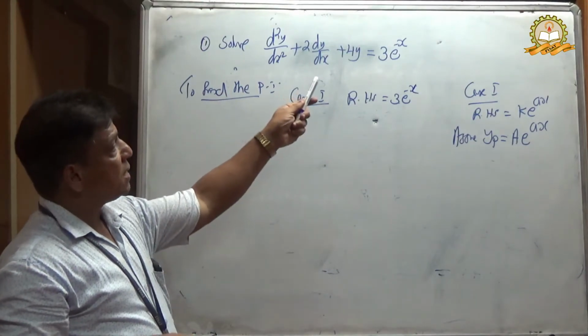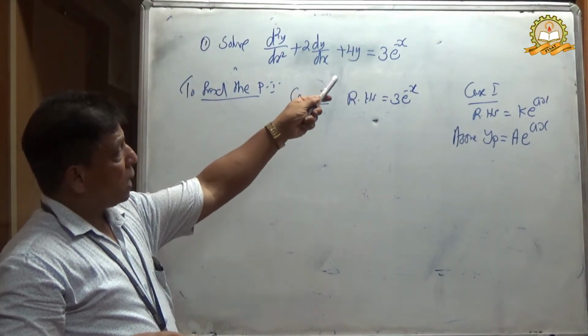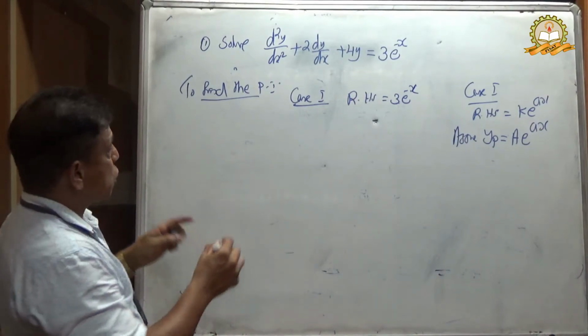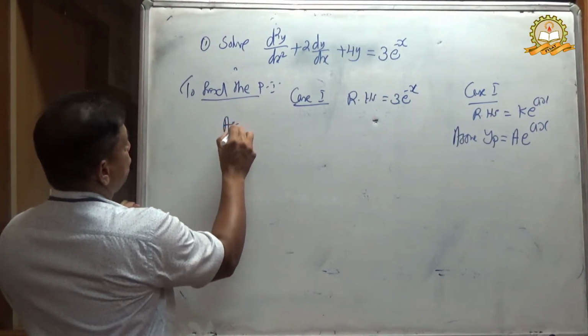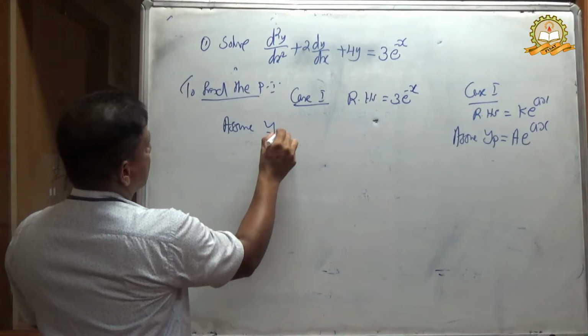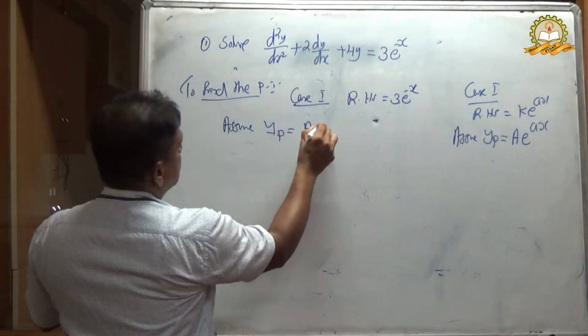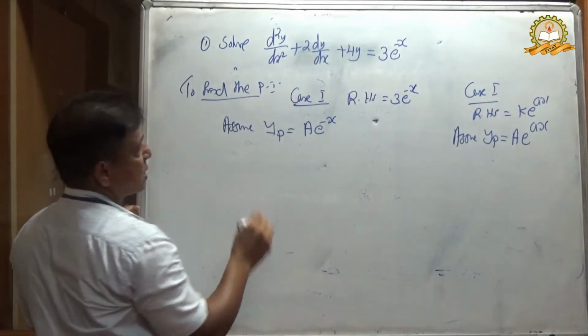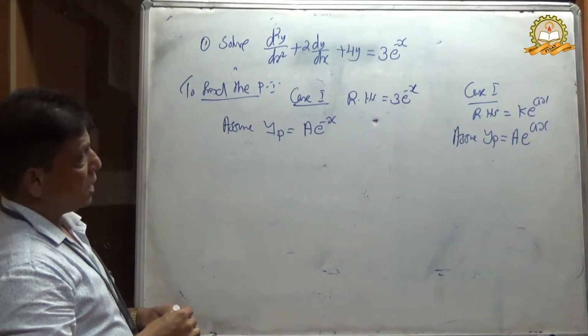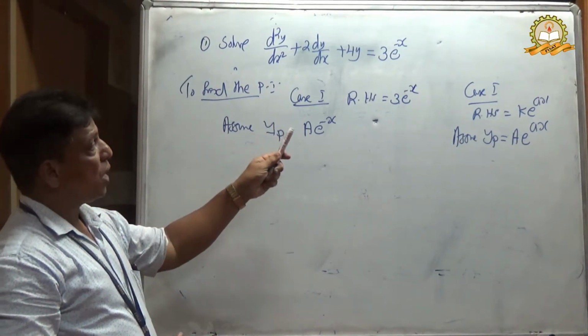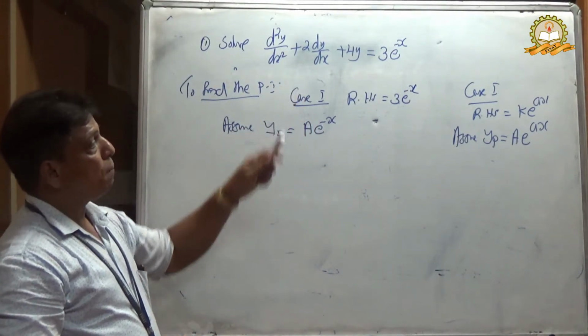Therefore, here the right hand side is 3 into e raised to minus x, so we assume yp is equal to A into e raised to minus x. This is case 1 to write the particular integral.